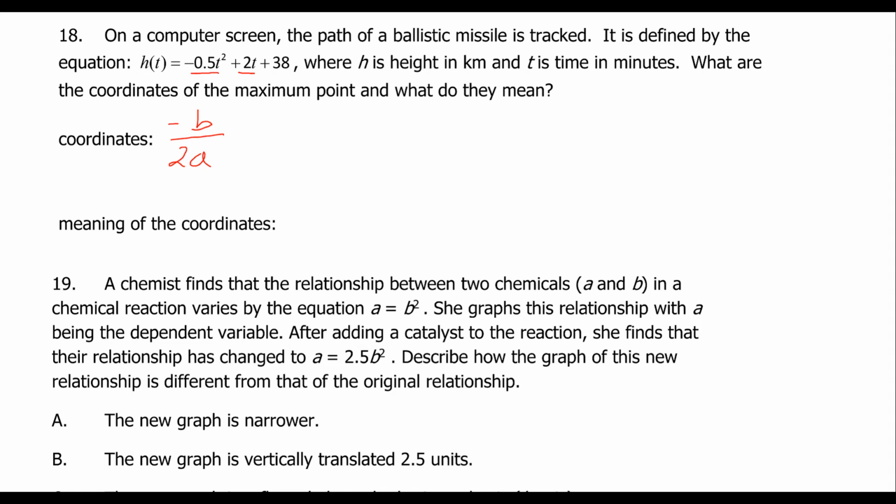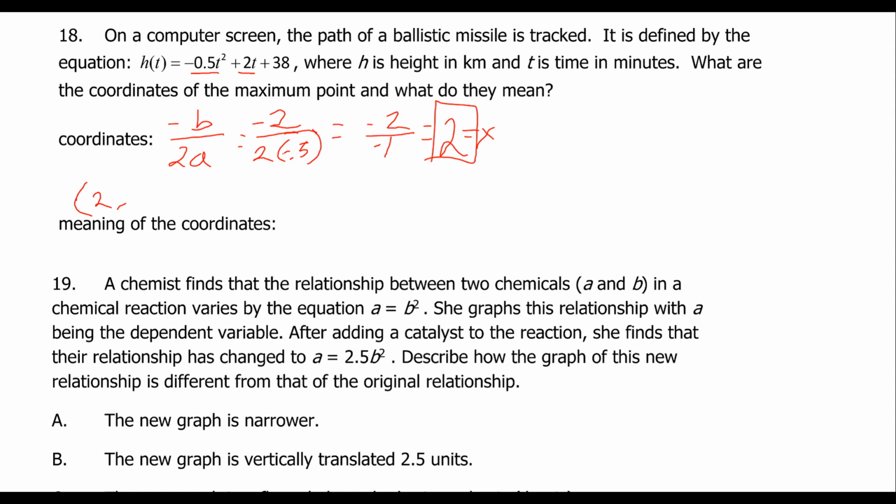We're going to have negative 2 over 2 times negative 0.5, which is going to be negative 2 over negative 1, which equals 2. So the x-coordinate is going to be 2.